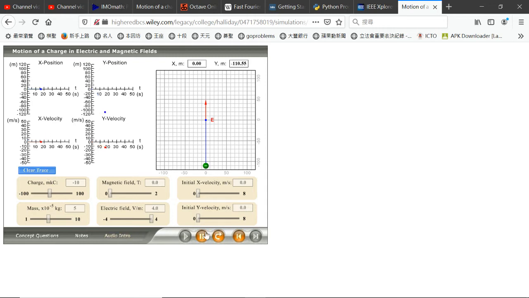Okay, for the next case, if I make this one 0, this one 0, and the magnetic field 1, what will happen?